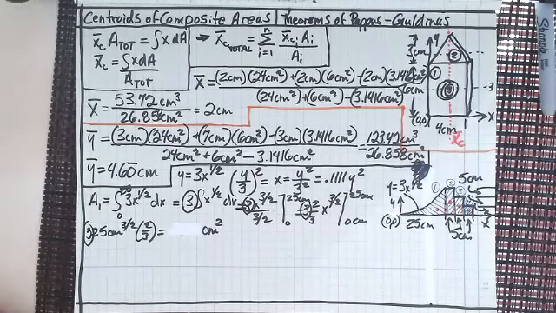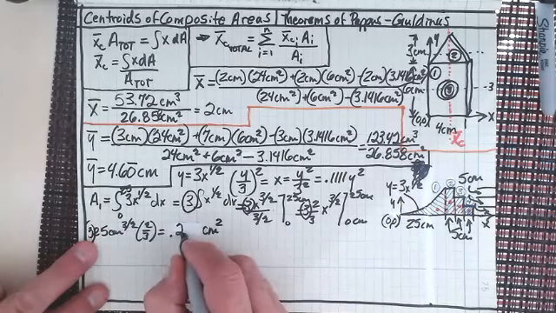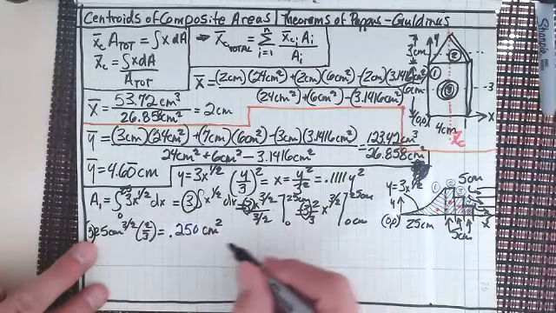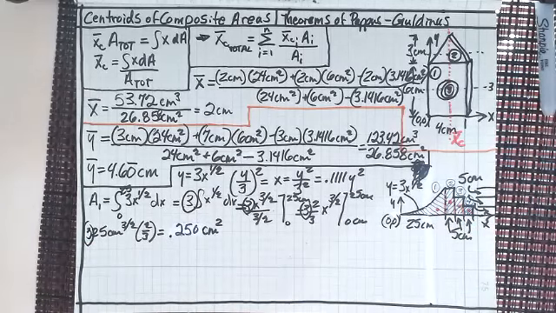And what that gives us is 0.250 square centimeters. I hope that that's correct, because that does not seem correct.